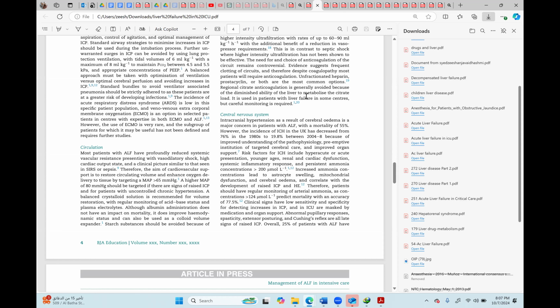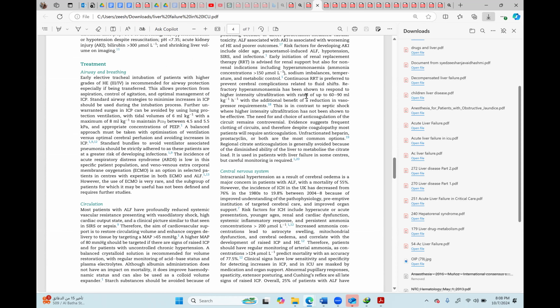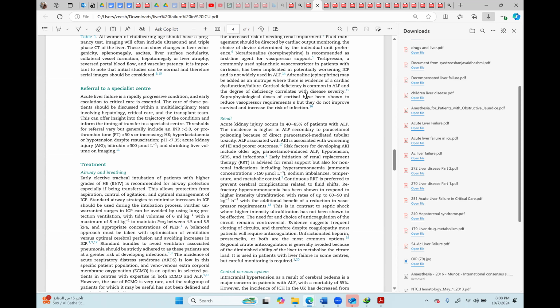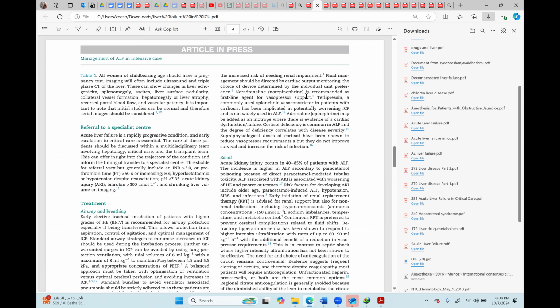So the same lines of shock management you will be doing. Okay, what else? Albumin replacement. If there is coagulopathy, then FFPs, cryoprecipitate, or PCCs. Okay. And then you have to protect the other organs.